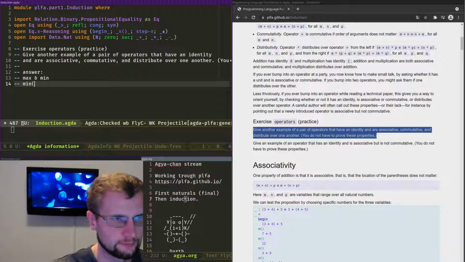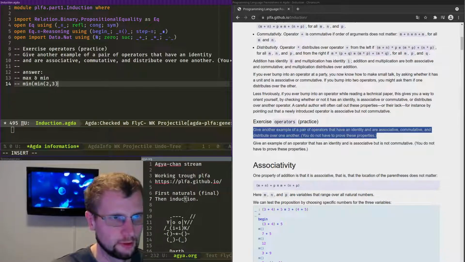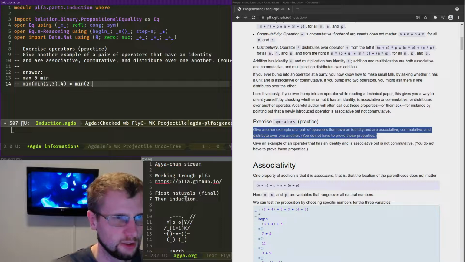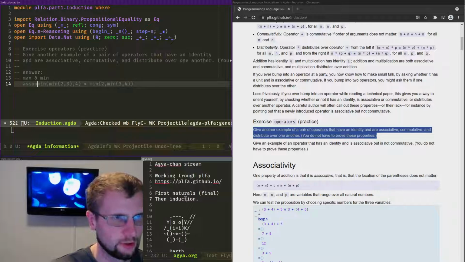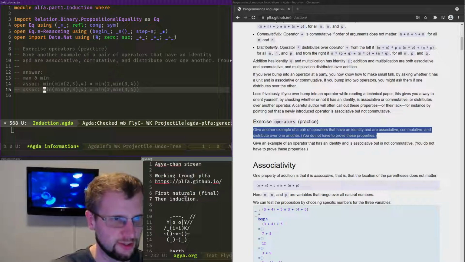Min for 3, 4. So this is associativity. You've got something similar for max, but I'm not going to do it because it's basically the same thing.